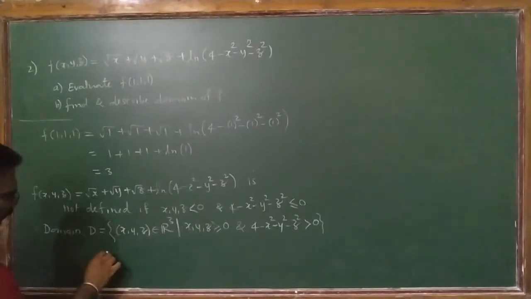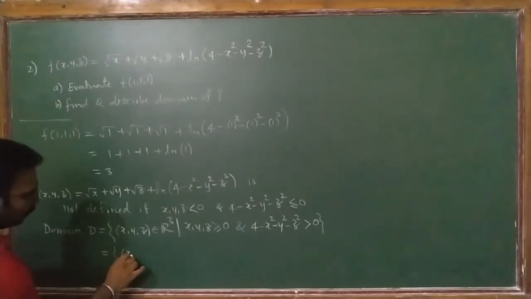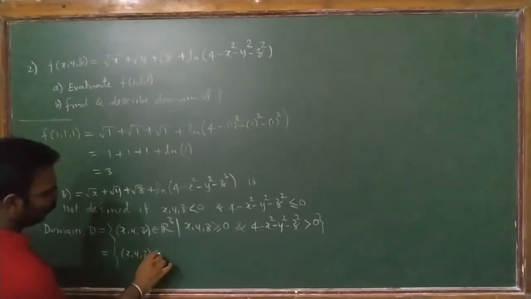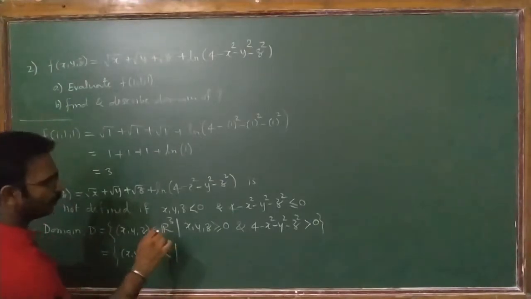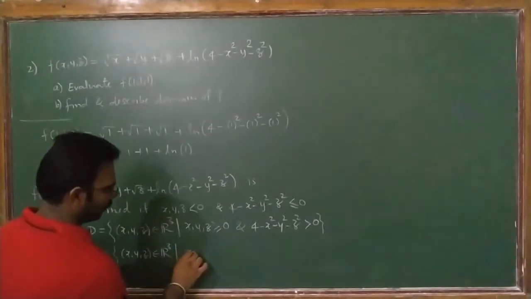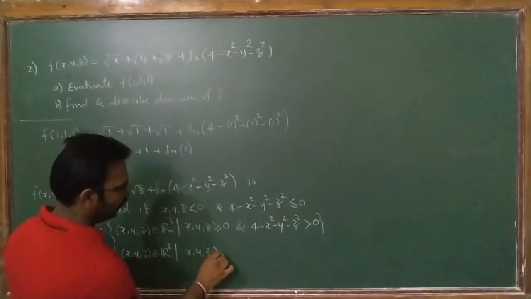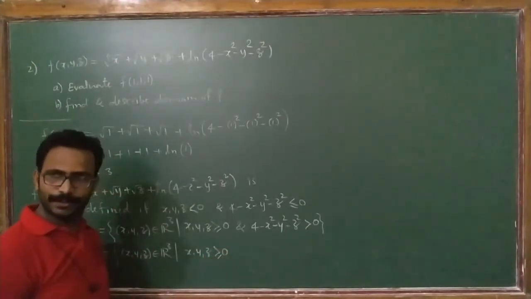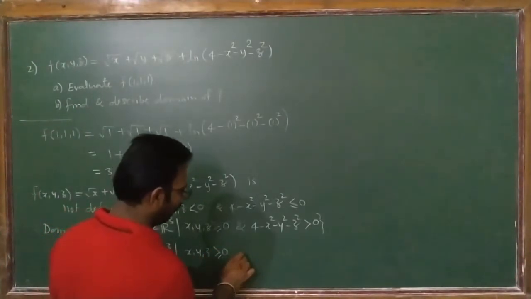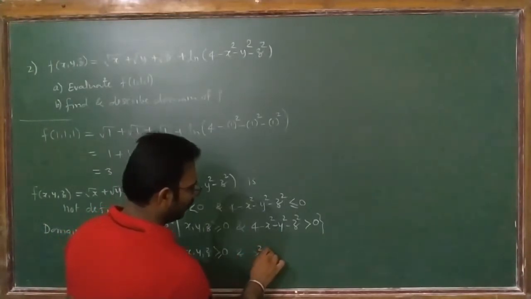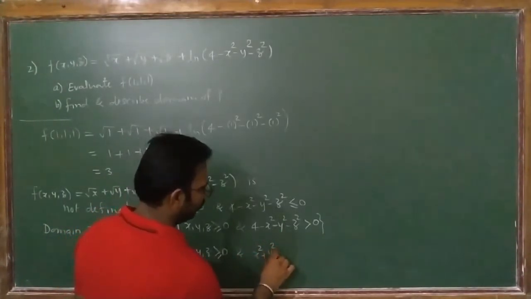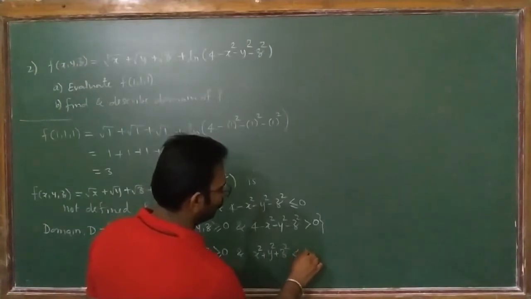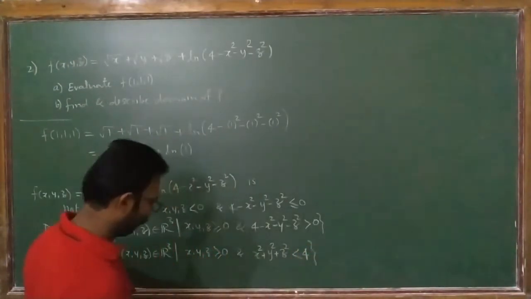It means it should be the collection of ordered triples from R3 such that x, y, z, all the three, are non-negative, that means greater or equal to 0, and x square plus y square plus z square should be less than 4.